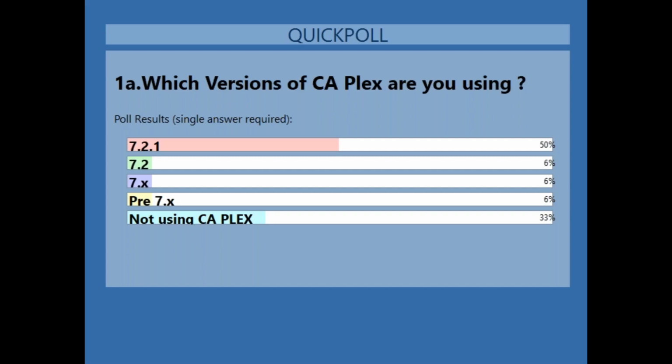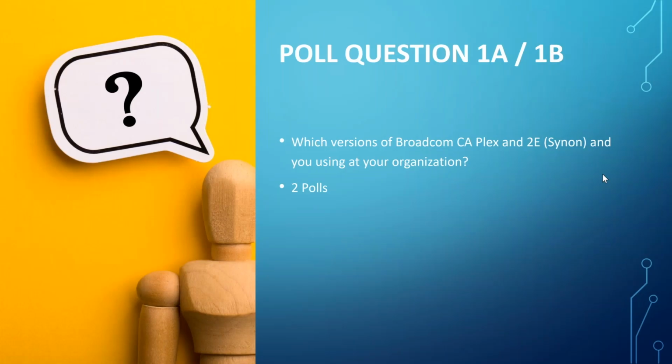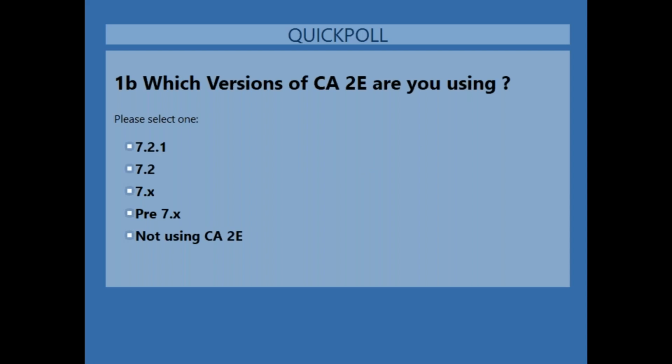So the next poll question will be 1B, which is going to get at which version of 2E you are on. Oops, this is wrong. It should really be 8.7. Apologizing for the confusion on there. It should be 8.7, 8.7.1, 8.7.2, release 3, and so forth, or you're not using CA 2E.